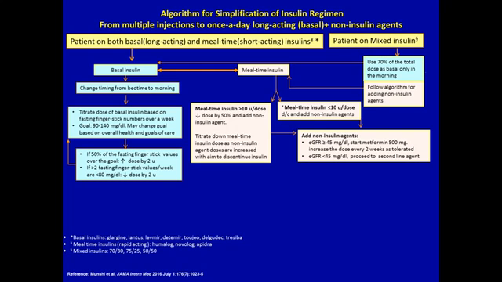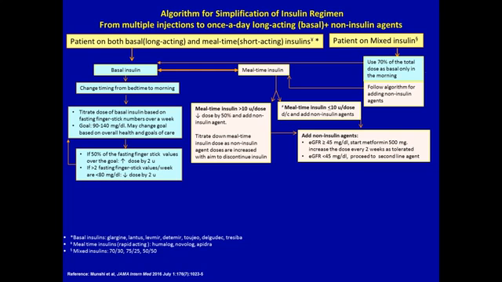For the mealtime insulin, we should try to reduce the amount as much as possible. If the mealtime insulin is less than 10 units, then we can actually discontinue the pre-meal insulin and add non-insulin agents, first choice as well, again, metformin, if GFR is above 45 milliliters per minute.